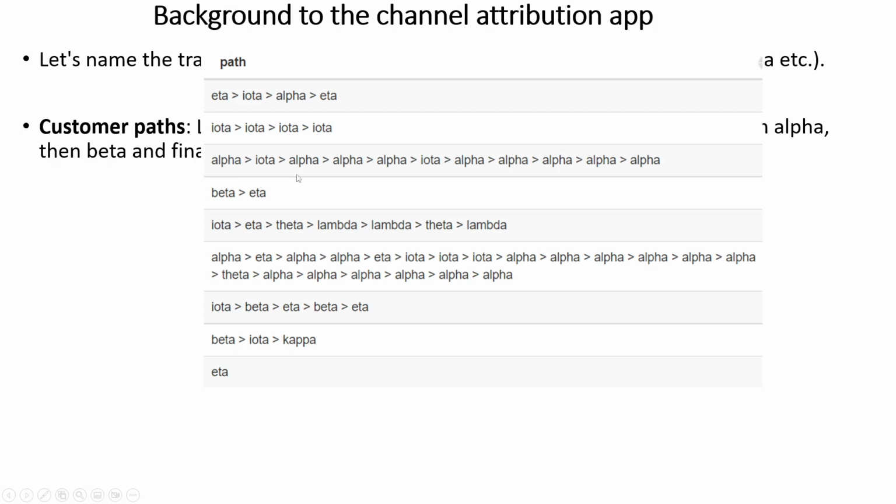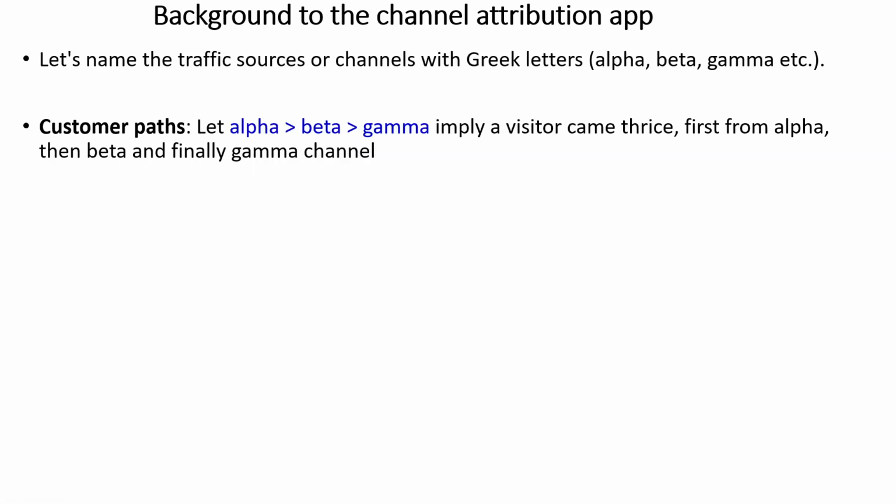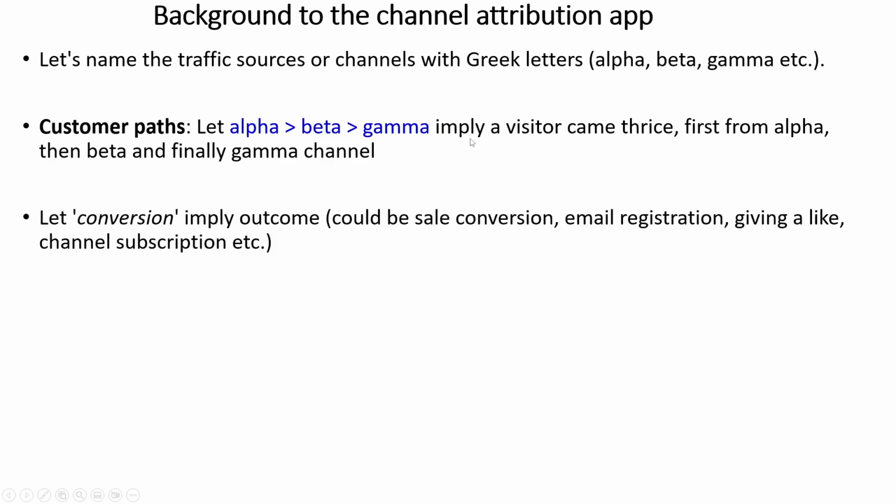Here, for instance, a visitor came twice, first from beta and then from the eta channel and so on. What are these channels? These could be things like Google search, organic search, a banner ad, Facebook ad, something like that.